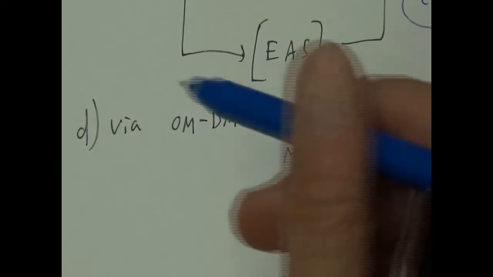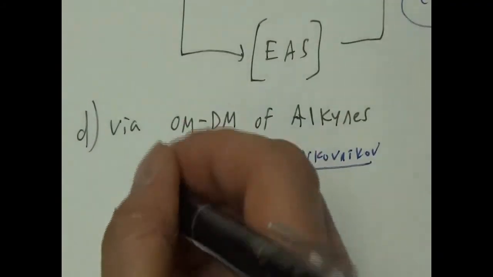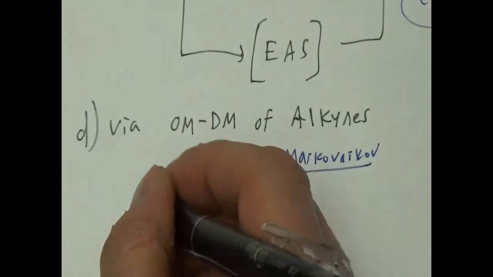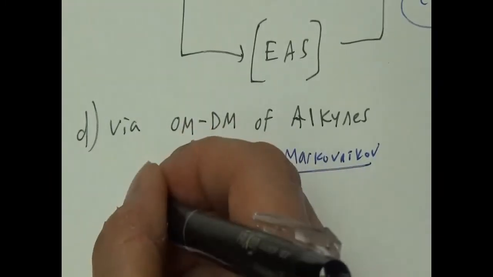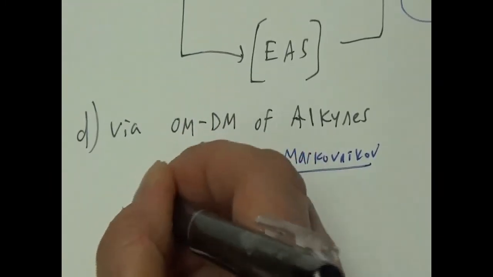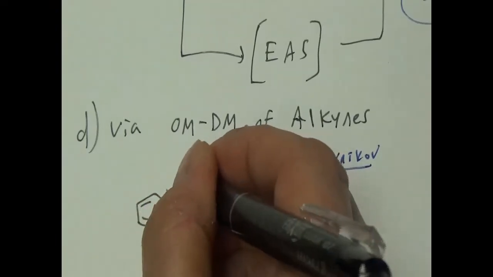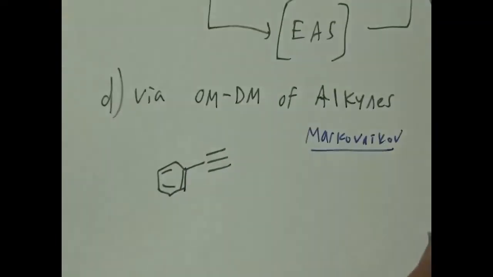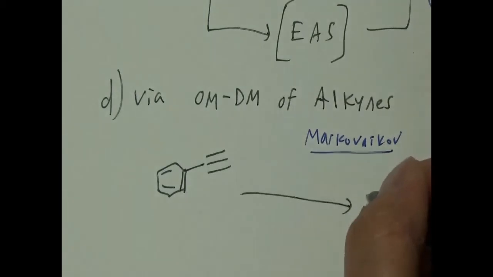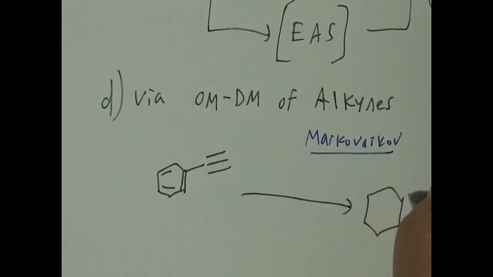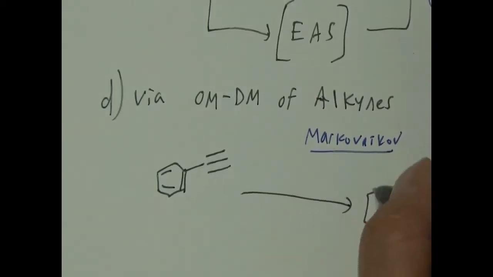We were making aldehydes, right? So yeah, we can make ketones this way. Let's just imagine a random alkyne, and we do our oxymercuration, demercuration, and we get a ketone.